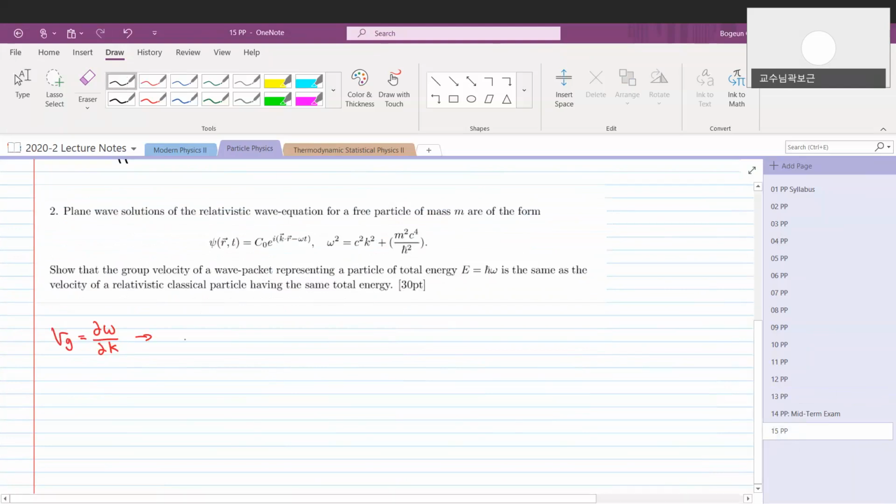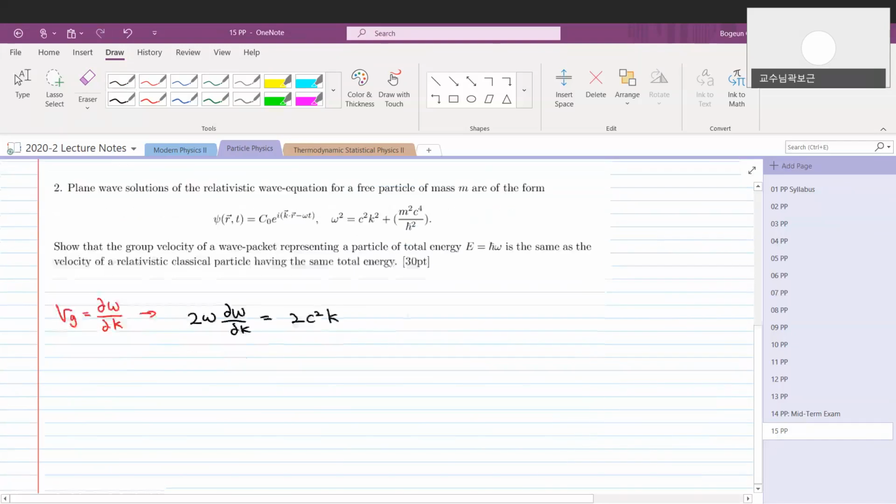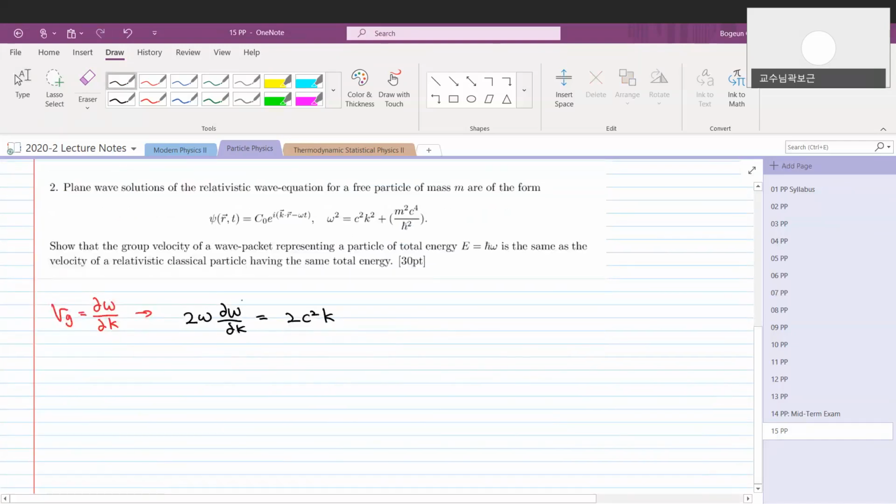Then 2 omega times partial omega over partial k is 2c squared k. So this part is about the group velocity, so that Vg equals c squared k over omega.